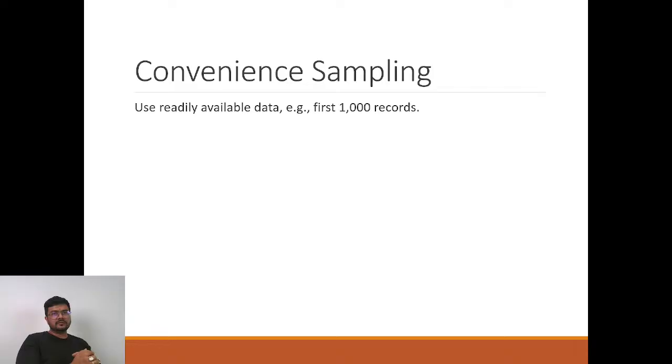Convenience means the thing that is convenient to me, which is easy for me, or comfortable for me, right? I will think about myself first. So this basically uses readily available data, right?